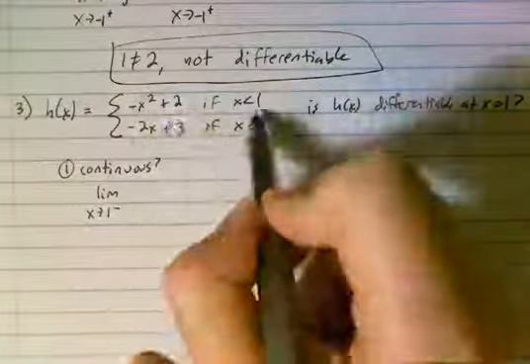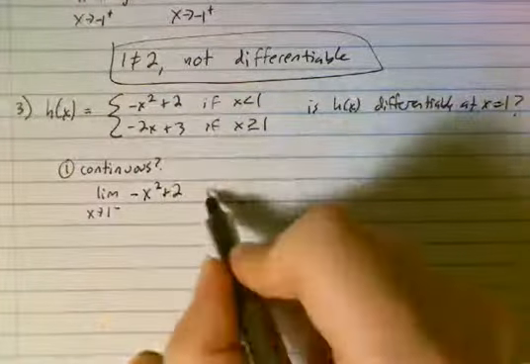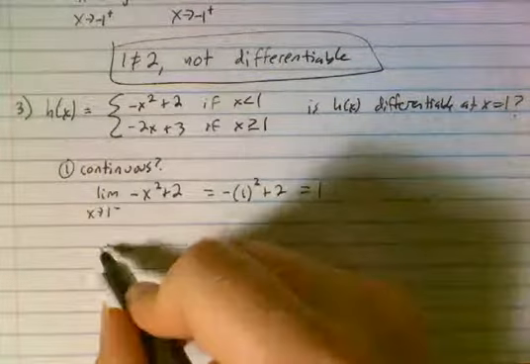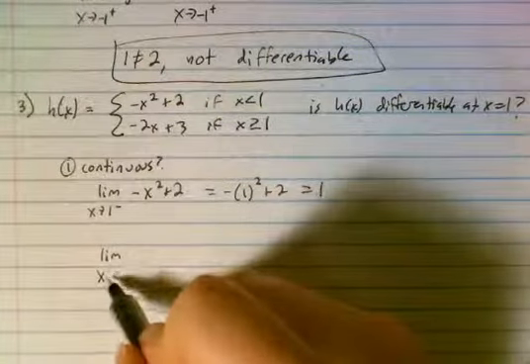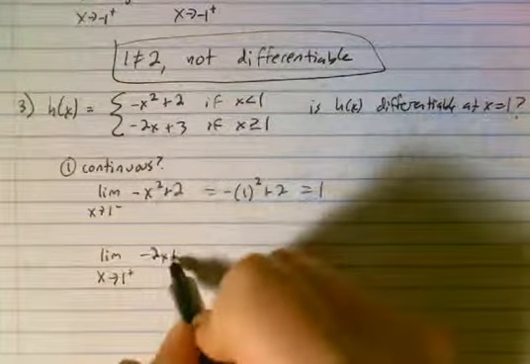When x is less than 1, the function on the left is -x squared plus 2. When we're approaching from the right, our function is -2x plus 3.